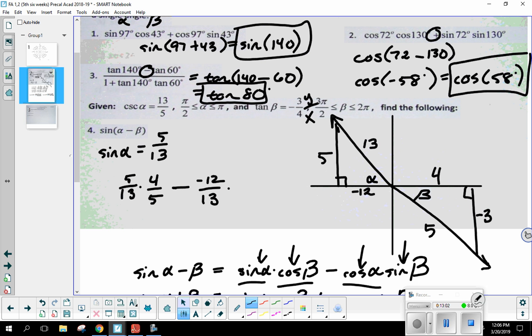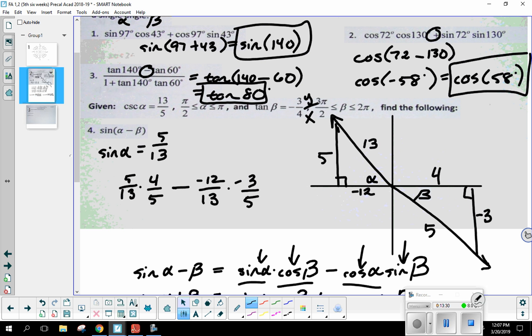And now the last one, I want sine of beta. So beta, we move over to this triangle here. Sine, we already said, was y over r. So what would that be? Negative 3 over 5. Everybody see how one at a time I took the trig functions and plugged in their ratio? Is everybody okay with where I got those?